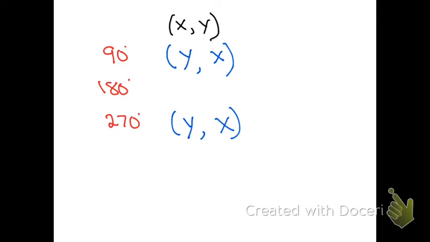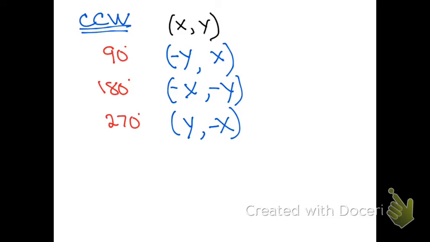For 90, you change the sign of the first number. For 270, change the sign of the second number. For 180, you don't reverse, but you change both signs. Those are the rules that you want to memorize. And again, this is all for counterclockwise rotations only. We haven't talked about clockwise yet.